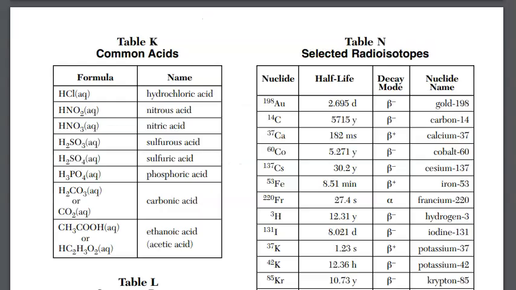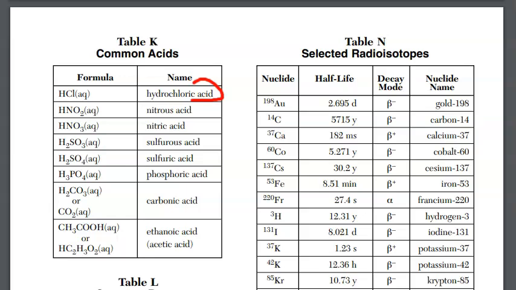Before we get to the indicator reference table, let's just check out a couple of things here. For common acids, we have reference table K. The word acid is in the naming of an acid. If you're not sure if you have an acid or a base, you can certainly go to this table and check it out.